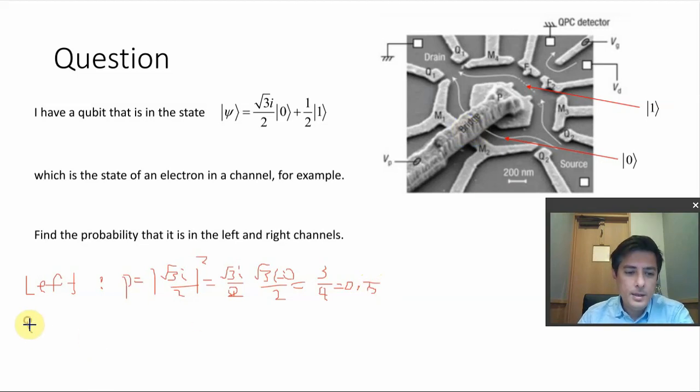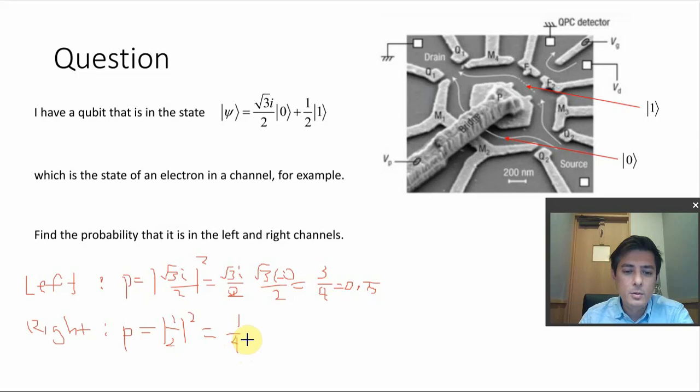And we can just do the same calculation for the one on the right. So the probability has to be basically the modulus squared of this coefficient here. So it's 1 over 2 squared, and there are no complex numbers, so this is just the regular square.